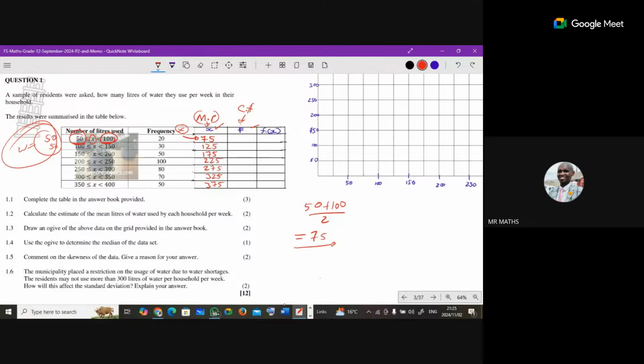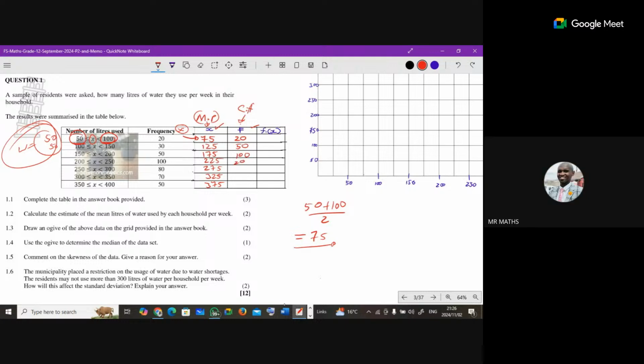Then i-cumulative frequency le uyaziyo ke ngoku. So ifumana njani the first one? 20. The second one? 30 plus the previous one, 50. The third one? 100. Fourth? 180.